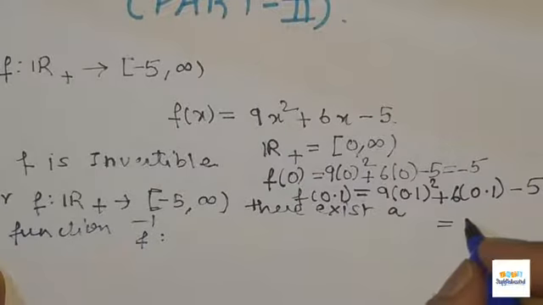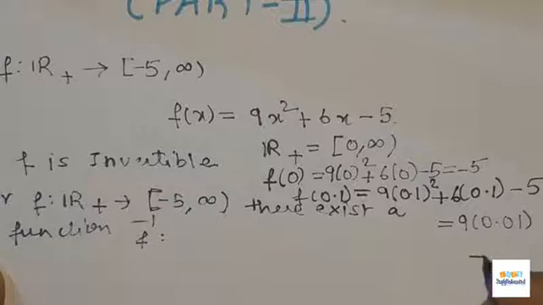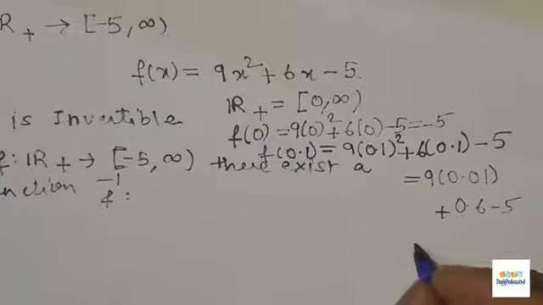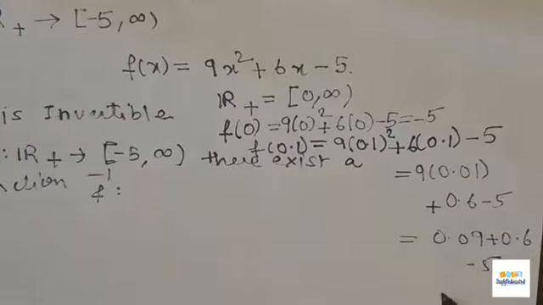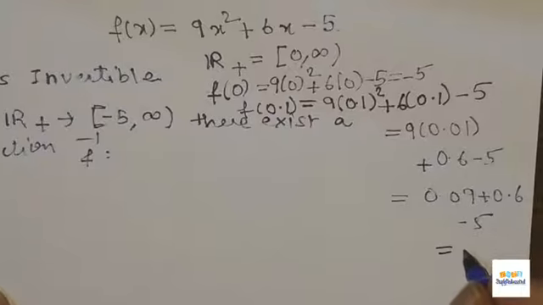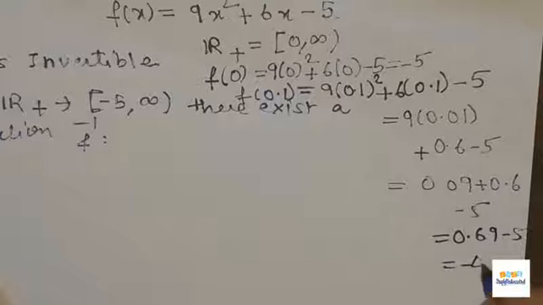That is 9 multiplied by 0.01 plus 0.6 minus 5, which is 0.09 plus 0.6 minus 5, which will be equal to 0.69 minus 5, which is -4.31. Okay, so this is the value.